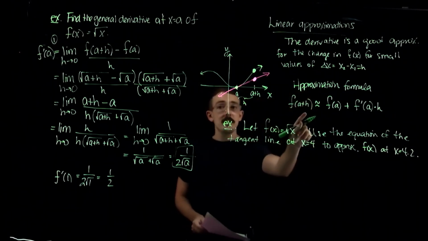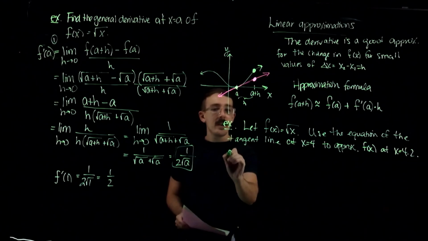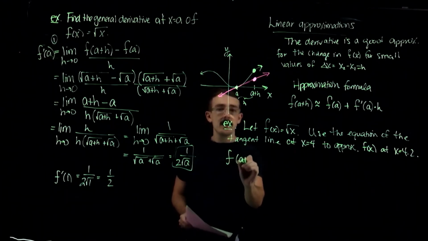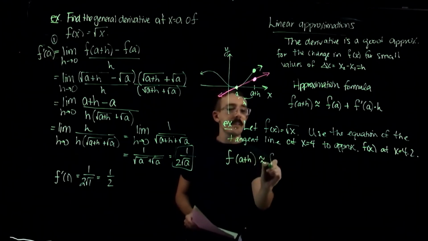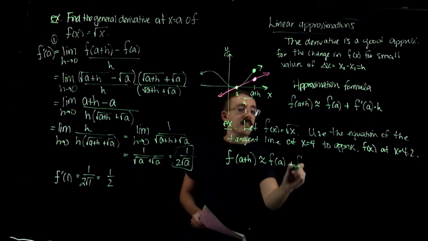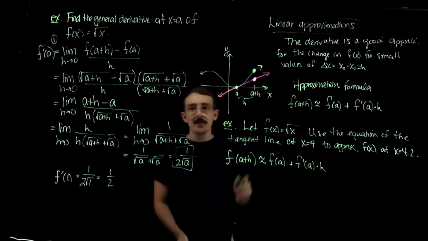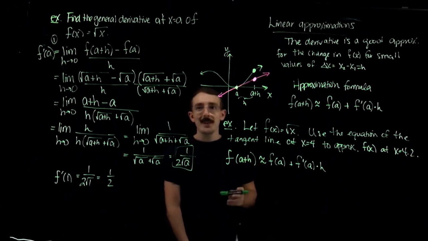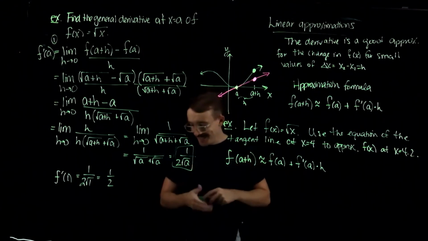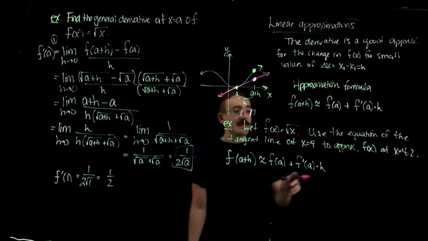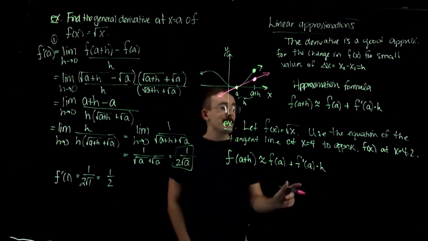OK, so let's start using this formula here. f of a plus h is approximately f of a plus f prime of a times h. We're going to go on a mission right now to find all these pieces and where you get them from. First thing I'd like to find is h. I think that h is pretty easy.